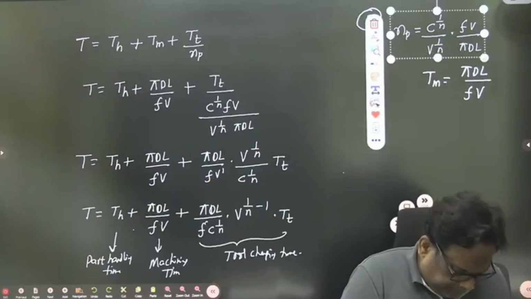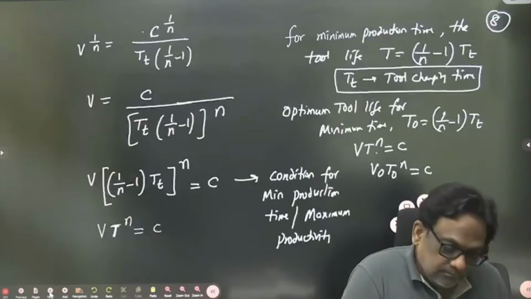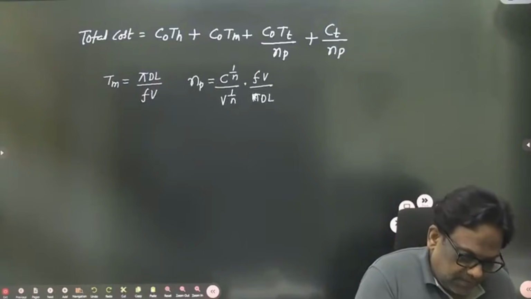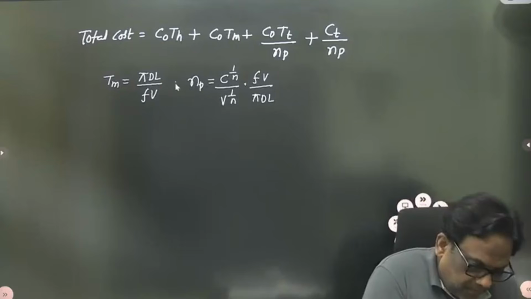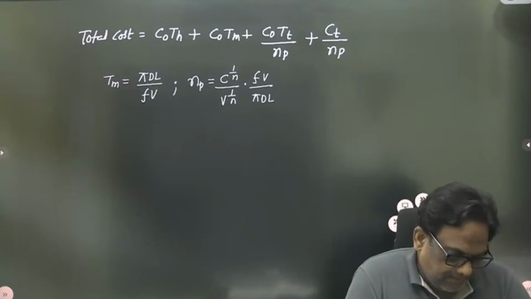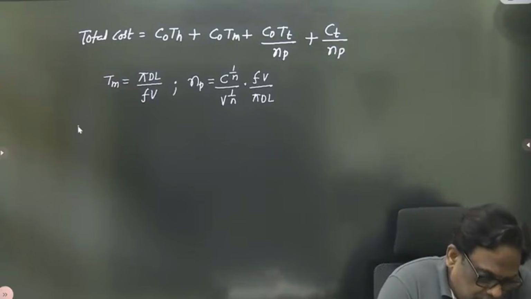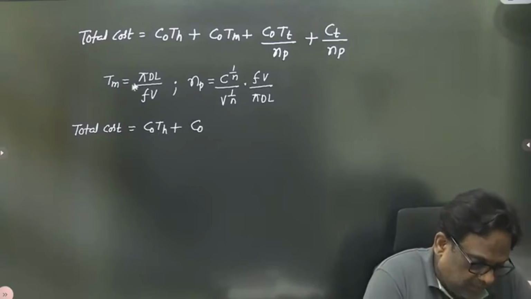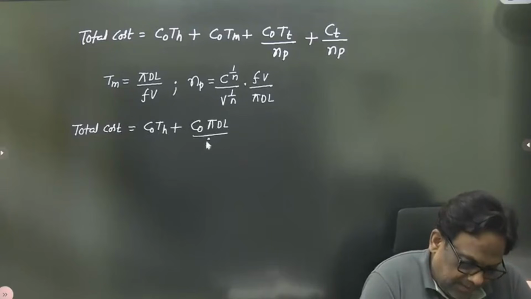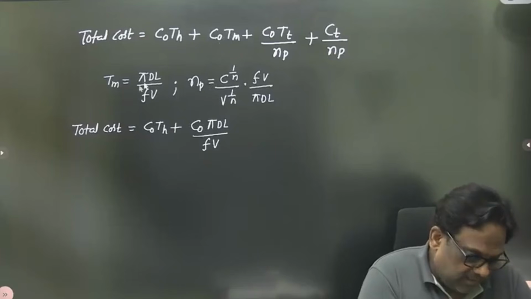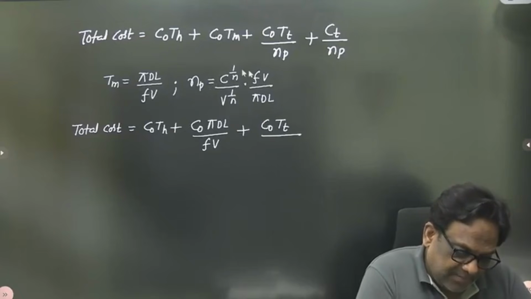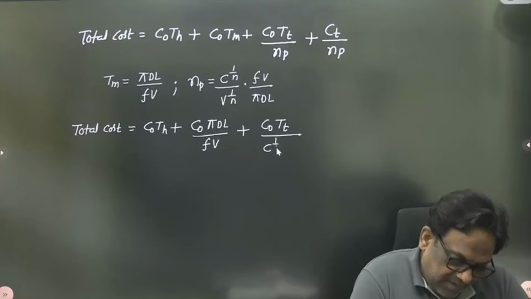Already we know number of pieces. सो द टोटल कॉस्ट इज इक्वल टू सी नॉट टी एच प्लस सी नॉट टी एम. व्हाट इज टी एम? पाई डी एल बाई एफ वी. प्लस सी नॉट टी टी बाई एनपी. एनपी क्या है? सी पावर 1 बाई एन एफ वी.